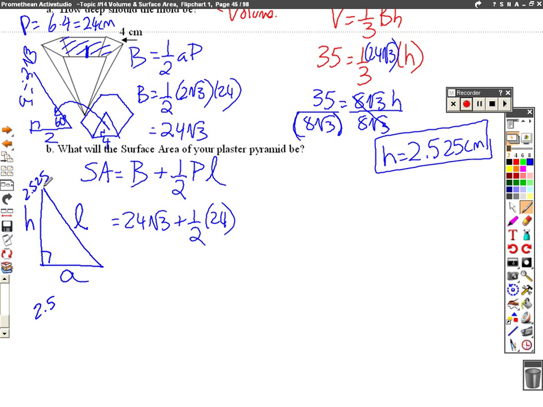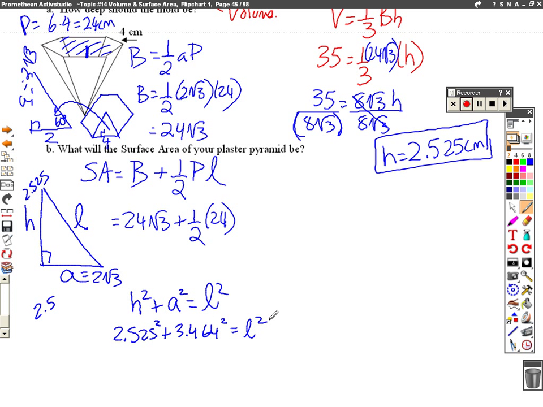Slant height is what I'm looking for, and the apothem, which we found, was 2 root 3. So let me solve for L. H squared plus A squared equals L squared. That's 2.525 squared plus, I'm going to use the decimal approximation, so 2 root 3 is 3.464 squared equals L squared.